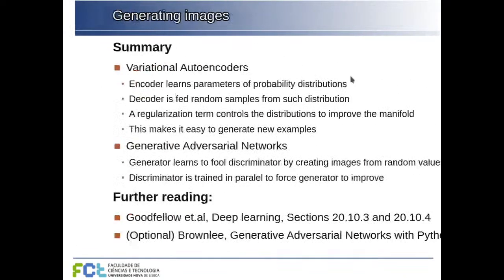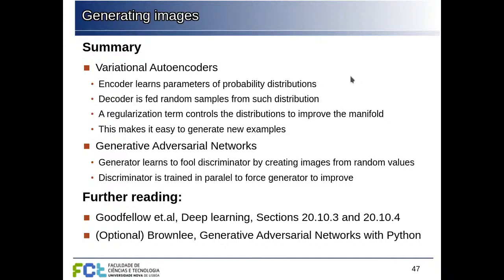So to sum up before we take a break, variational autoencoders. The encoder part tries to learn parameters of probability distributions. So for each example, it will output a set of parameters, but not the encoding itself. The encoding will be a random sample from that distribution, and that is what is fed into the decoder to recover the input.